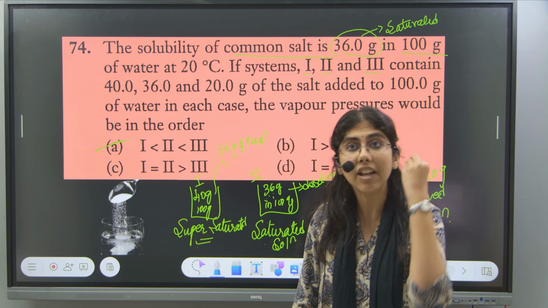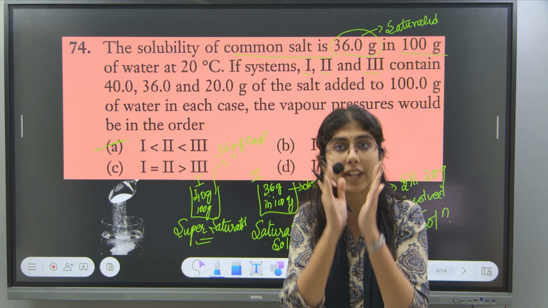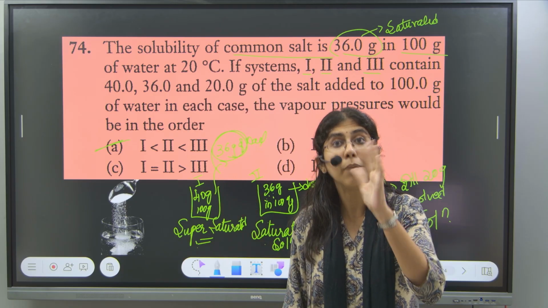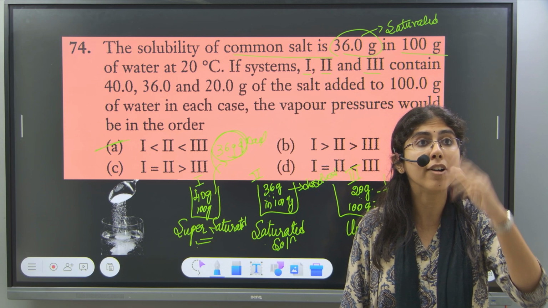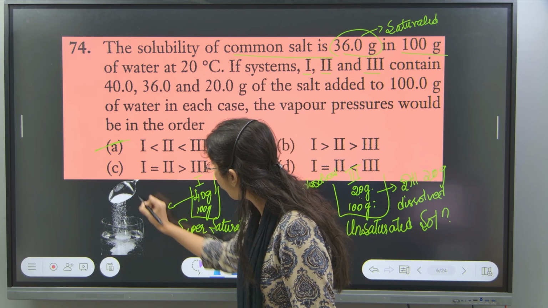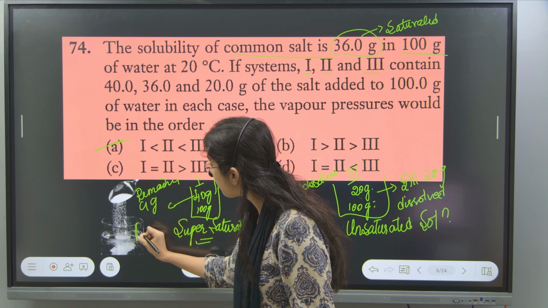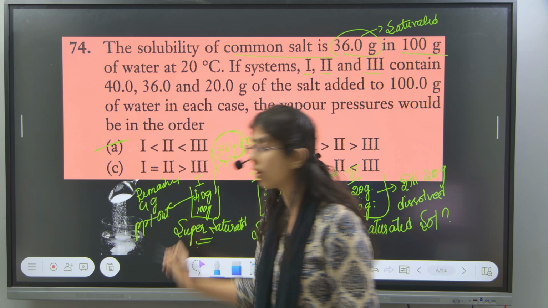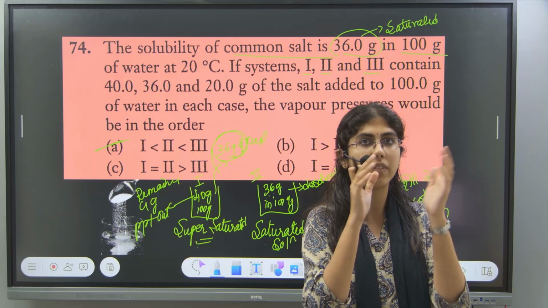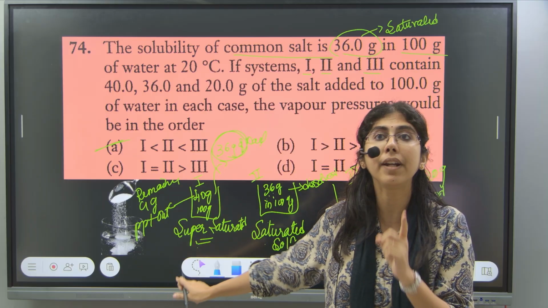That means even if you add 50 gram, 60 gram, the soluble amount of NaCl is only 36 gram. The remaining 4 gram that you have added, what will happen to it? The remaining 4 gram will precipitate out. You might have seen a precipitate, you know, right? The one which comes at the bottom of the test tube. So this will be precipitated out.